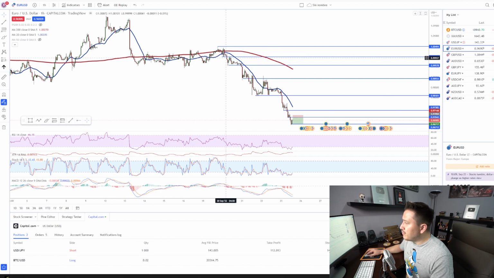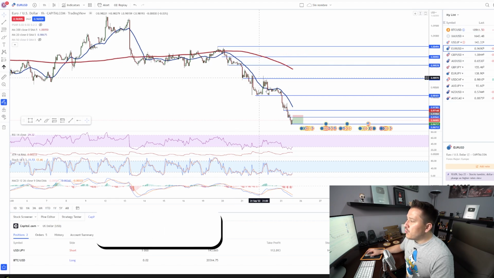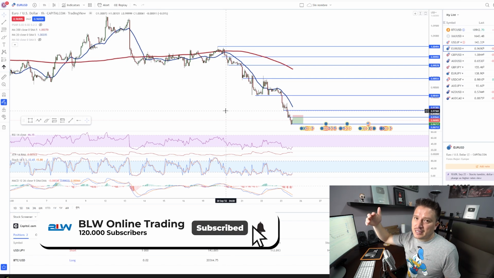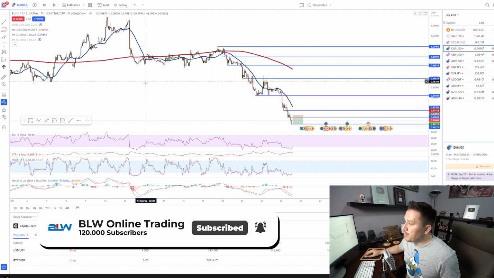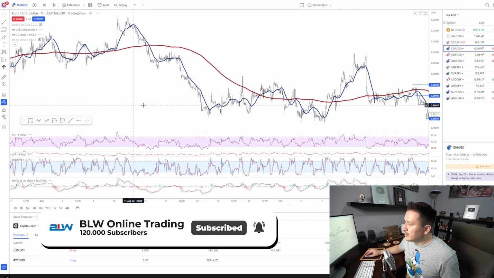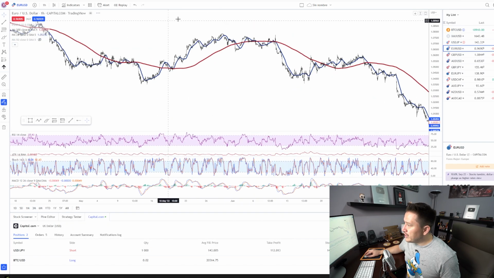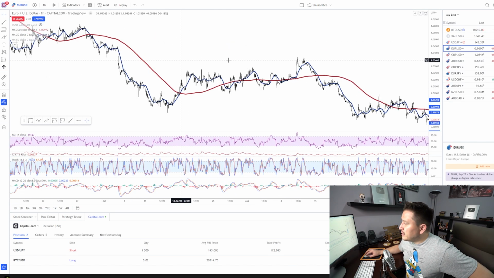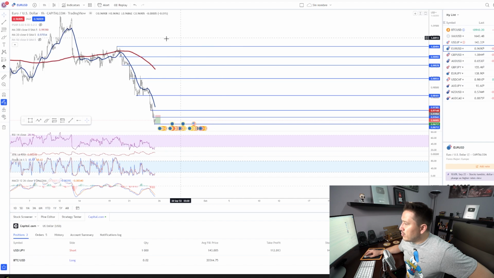For instance, I can see right here that the price is in a downtrend, not only because the price is going down, but because whenever the 200 EMA is above the candlesticks, it means it's a downtrend. When the price is above the line, like it is right here, in this area, this is an uptrend. That means that the price is going to continue going down, or going up.